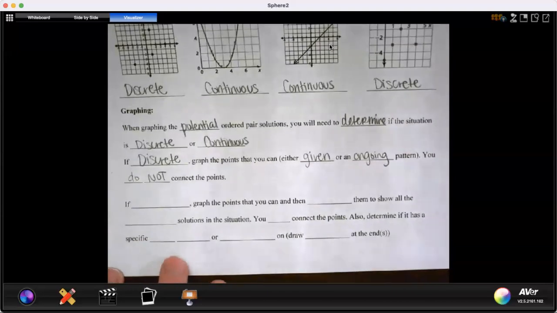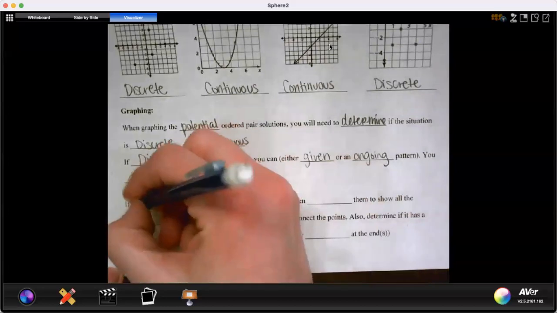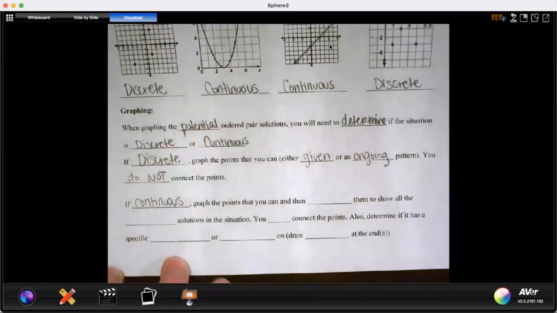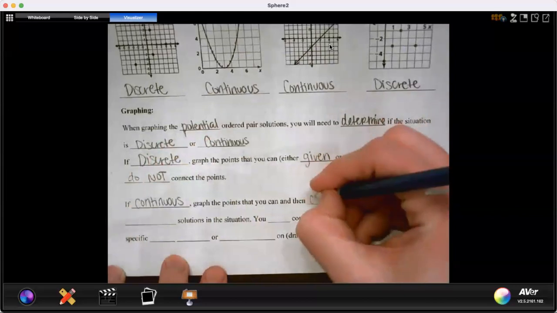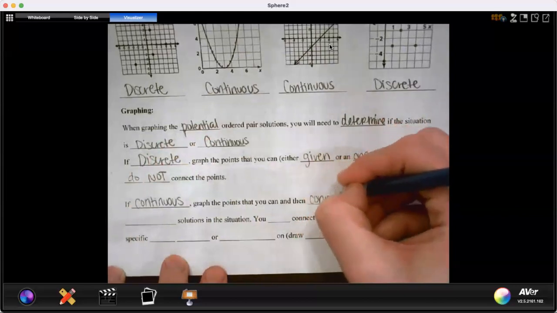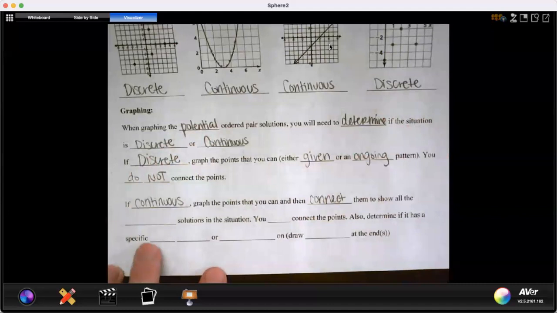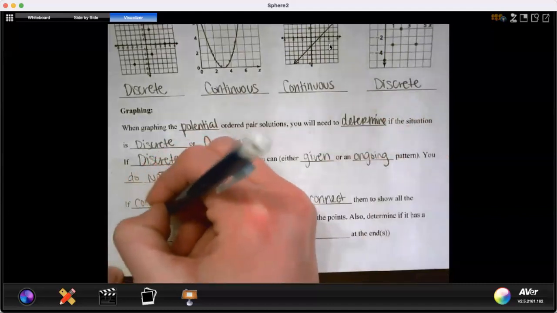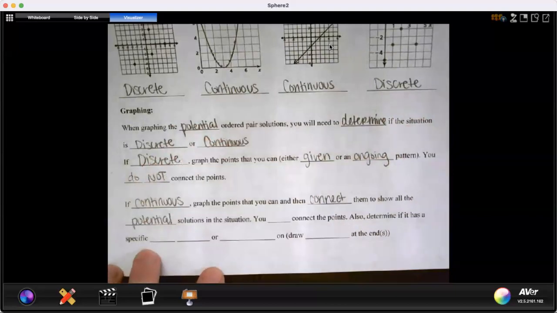And so this compares with if it is continuous, you would graph the points that you can, and then connect them to show all the potential solutions in the situation.